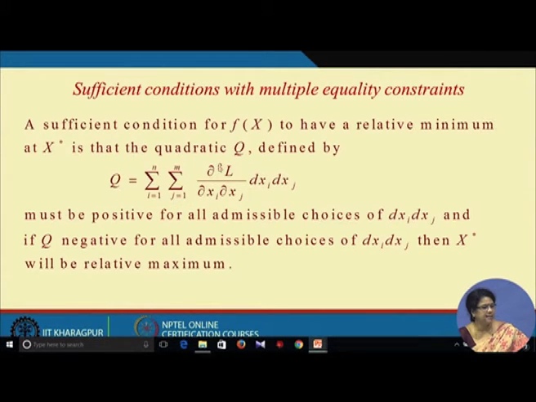Depending on the value of it, we can say whether it has a maximum or minimum with a particular choice of xi, xj. Clear? This is a sufficient condition. Mathematically it looks very odd, but this is nothing but the determinant value of the Hessian matrix. Clear?